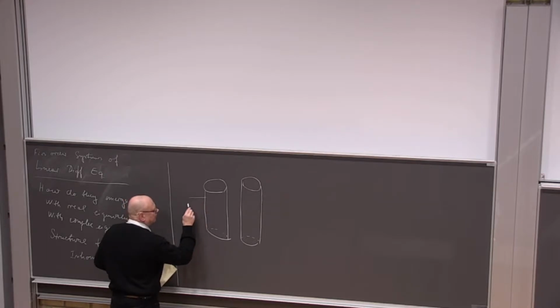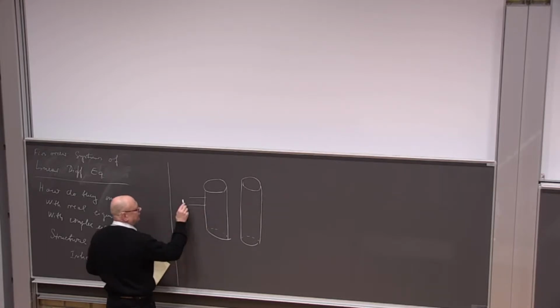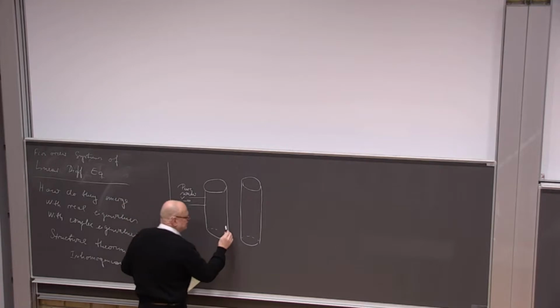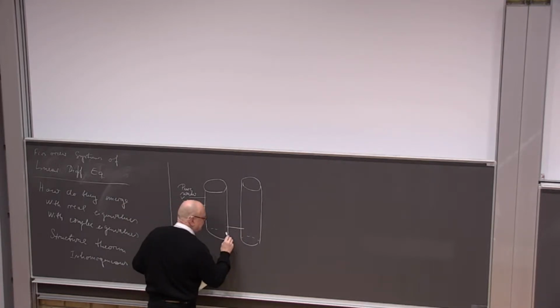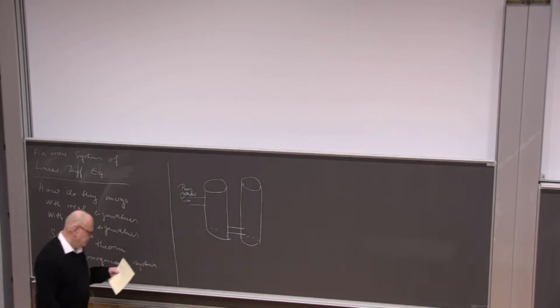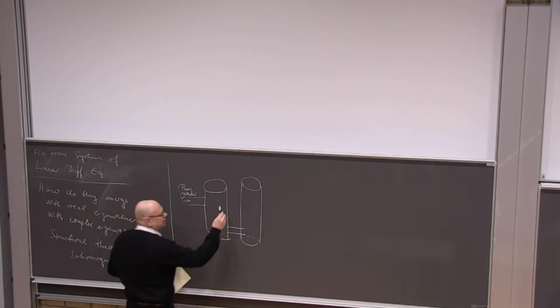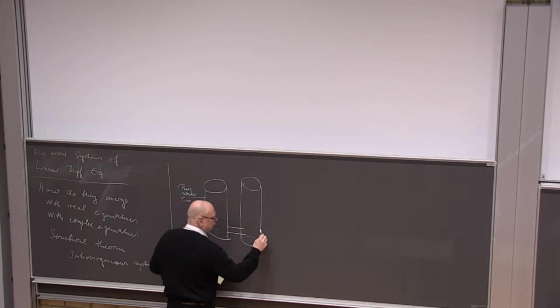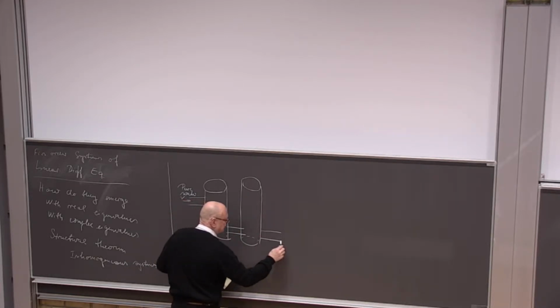For one thing, there is an inflow here with velocity v of pure water. Then there is an outflow from the one tank to the other tank. And then there's an outflow from the other tank.